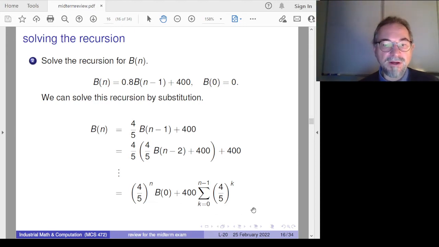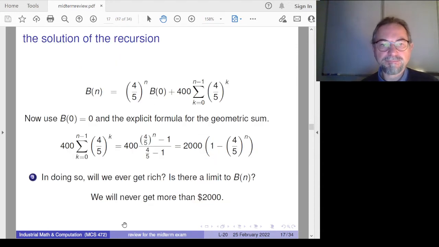So what we have found is an explicit formula for the balance, where actually we can forget about the first term because we start with an empty savings account. So we have to use now the sum for the geometric sum. So we have the explicit formula. The explicit formula can be rewritten, so we have 4/5 minus 1 in the denominator.